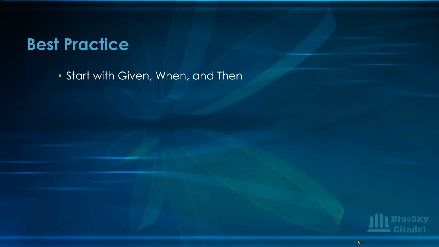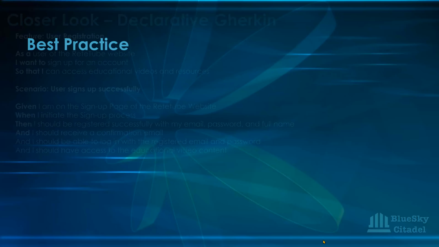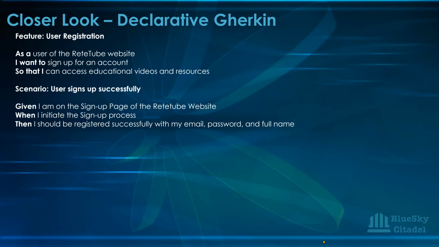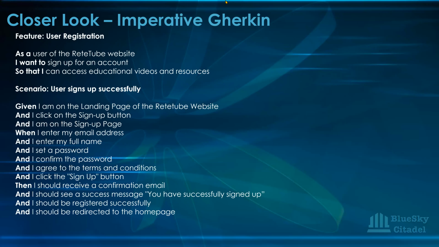Let me give you a simple example here. Instead of saying given in 10 different lines, let me go back quickly to that slide. In this particular scenario, I'm saying given, and all of this "and" is still referring to the given.